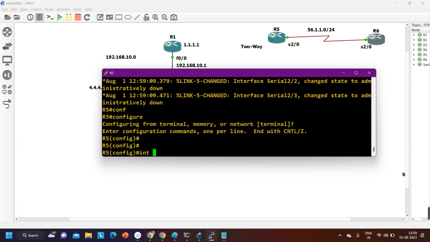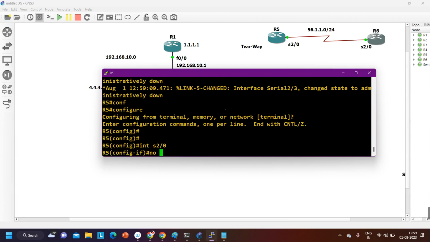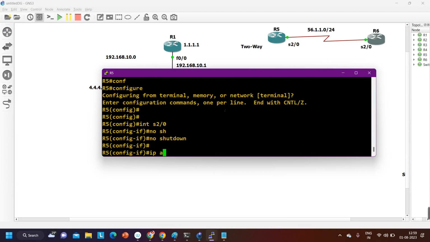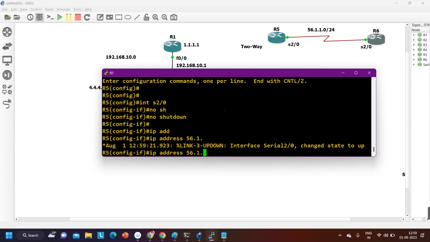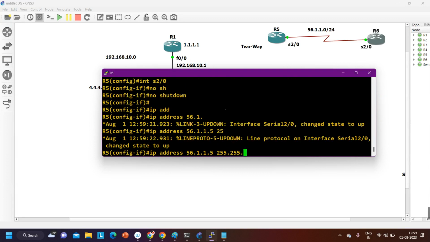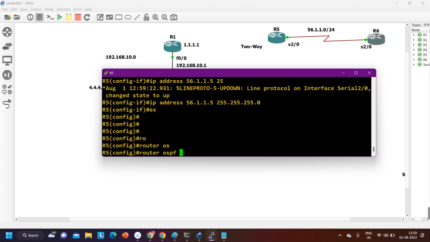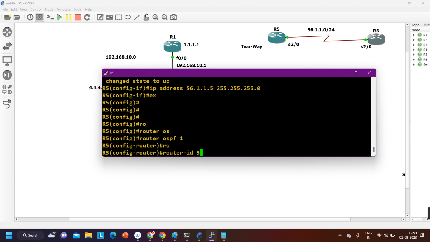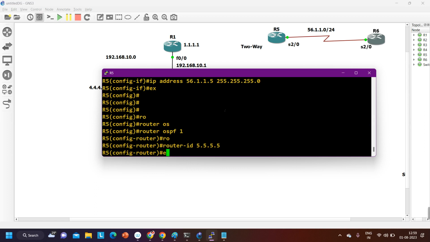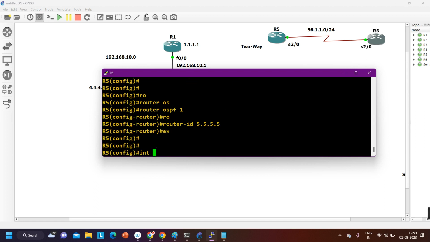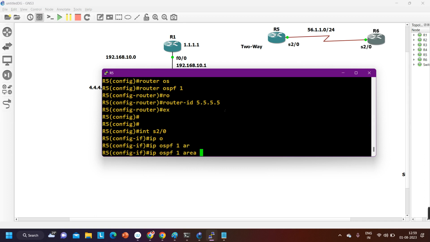Config t, interface serial 2/0, no shut, IP address 56.1.1.5 255.255.255.0. Router OSPF 1, router ID 5.5.5.5. Exit. Interface serial 2/0, ip ospf 1 area 0.